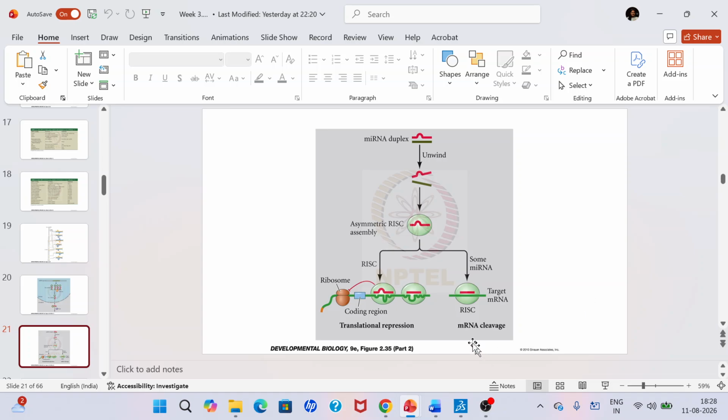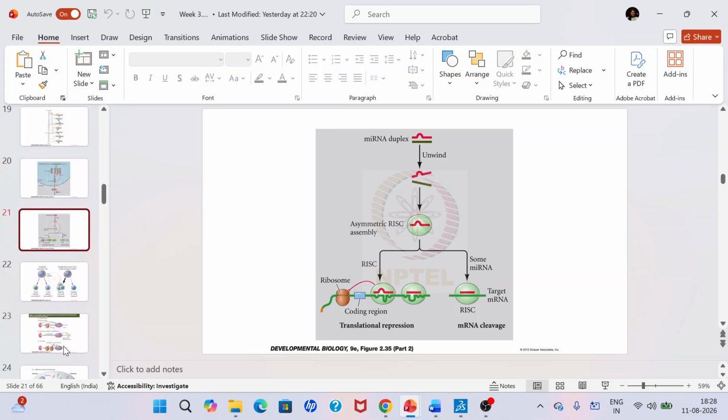Sometimes it can recruit the RISC complex, which cleaves a particular mRNA to stop its expression, to stop the translation of that mRNA. So miRNA works both ways.